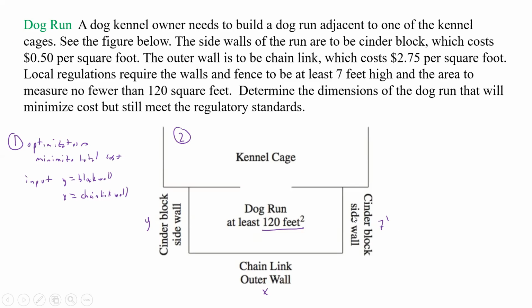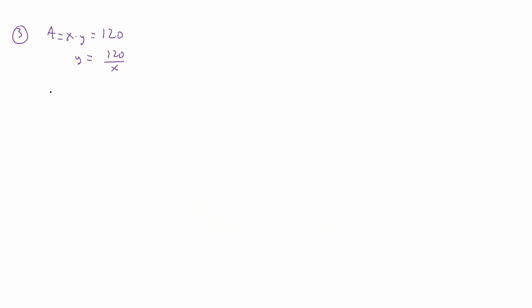Now, how much do we need? It's going to be that length, but then we have to have it 7 feet tall as well. So for blocks, we're going to have 2 times y, and then that's going to be times 7 feet tall. Well, what's that?